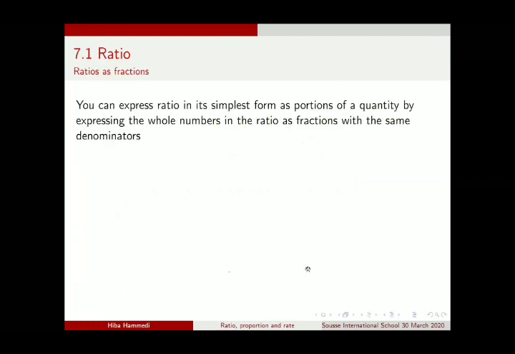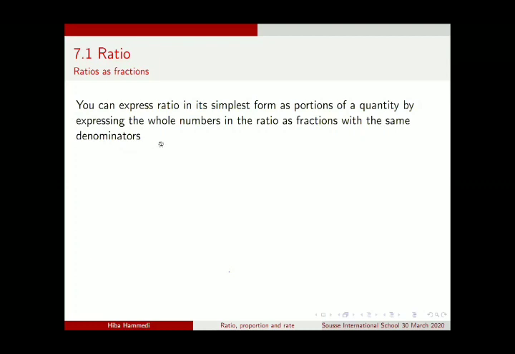Okay. Now, a very important thing to know about ratios is that it will allow me to write the quantities as fractions of the whole mixture. It means you can express a ratio in its simplest form as portions of the whole quantity, by expressing the numbers in the ratio as fractions with the same denominators.